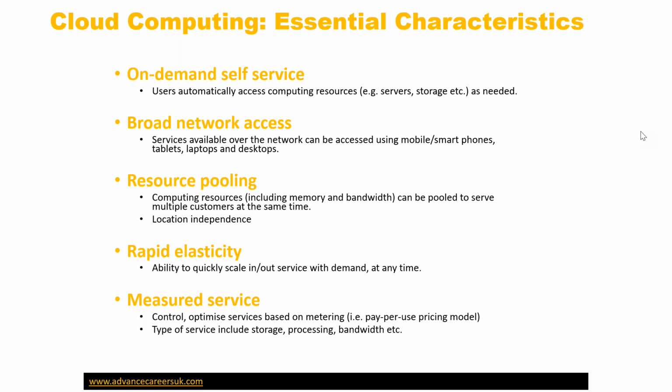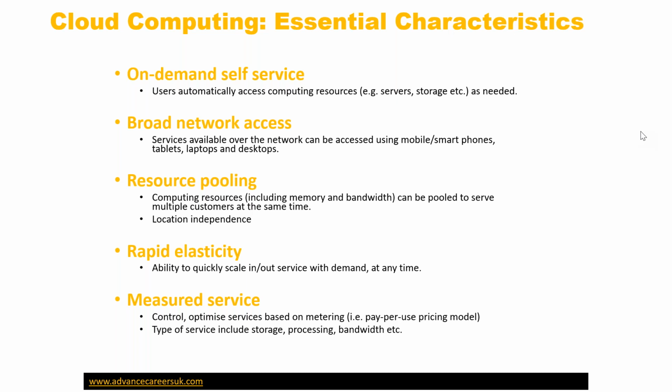Secondly, broad network access. Services available over the network can be accessed using mobile phones, smartphones, tablets, laptops, and desktops. Resource pooling, what I was mentioning earlier: computing resources, including memory and bandwidth, can be pooled to serve multiple customers at the same time, with location independence.